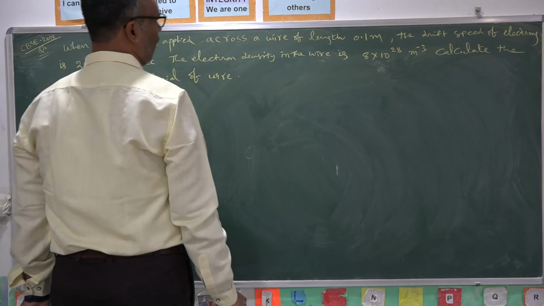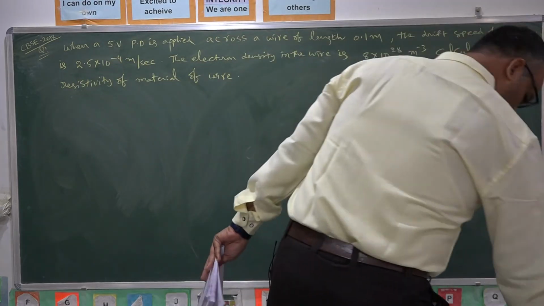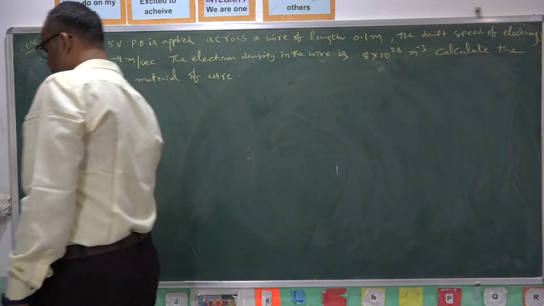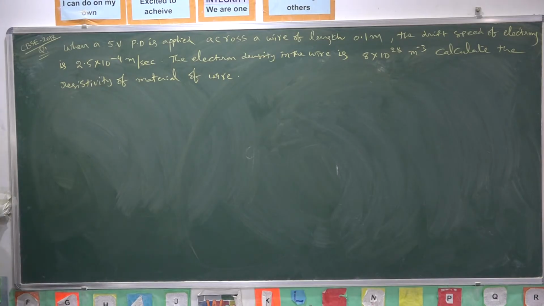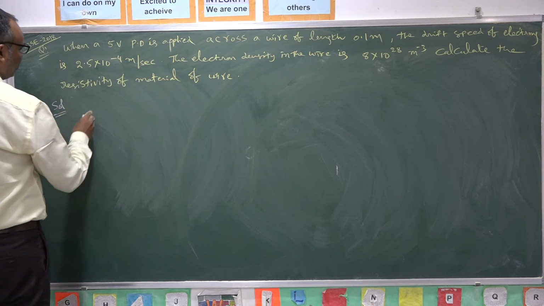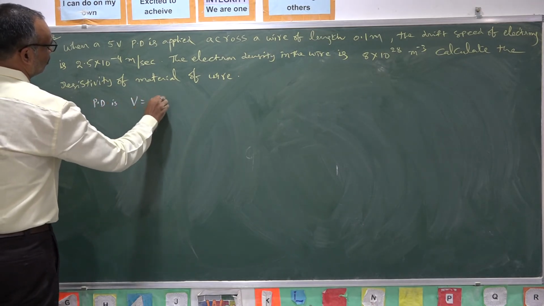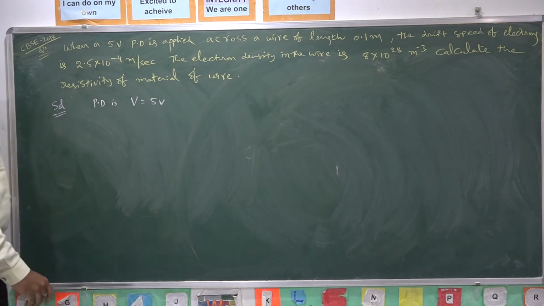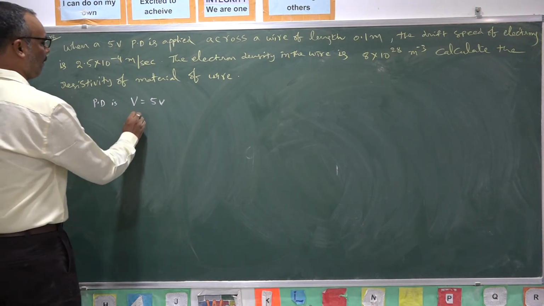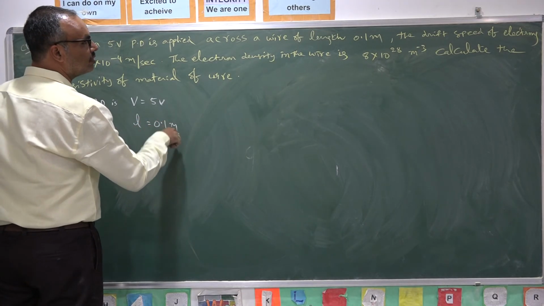This is the question. If you learn the concept of drift velocity and relaxation time, this problem is quite simple. So as per the question, the data given to us is: potential difference V is equal to 5 volts, applied across a wire of length 0.1 meters.